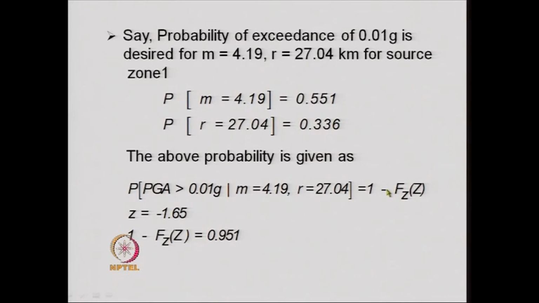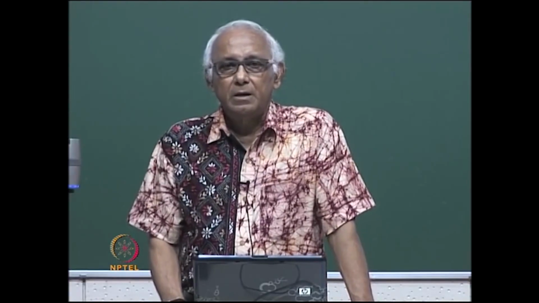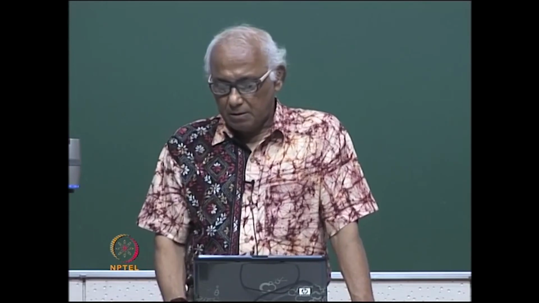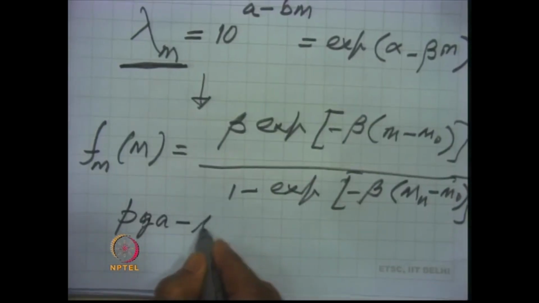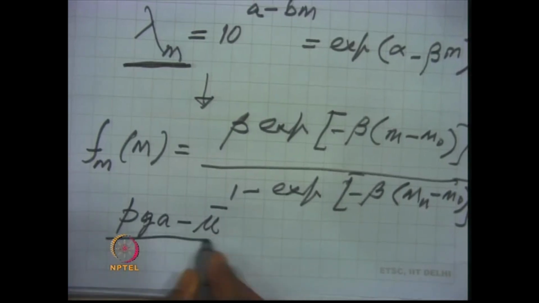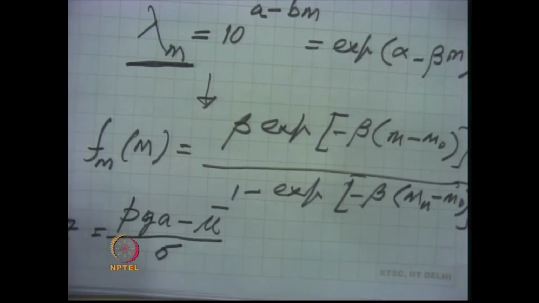Now this F(Z) is the normalized distribution of the peak ground acceleration. Normalized distribution means this distribution refers to any peak ground acceleration, PGA, minus its average value, divided by its standard deviation. This is the quantity Z.